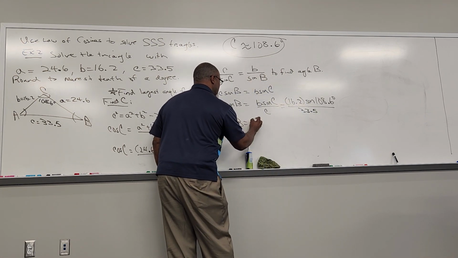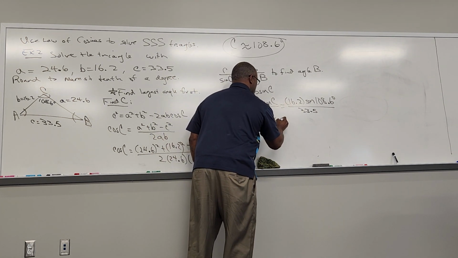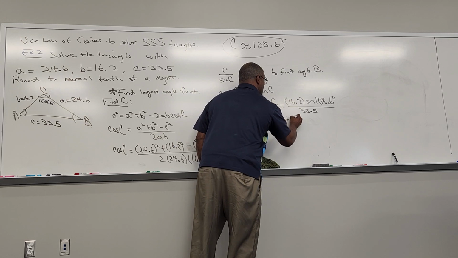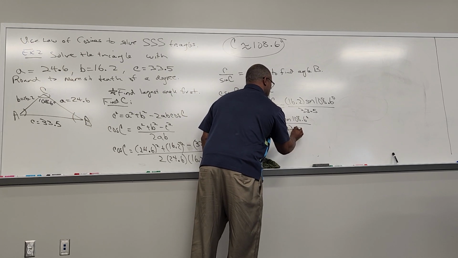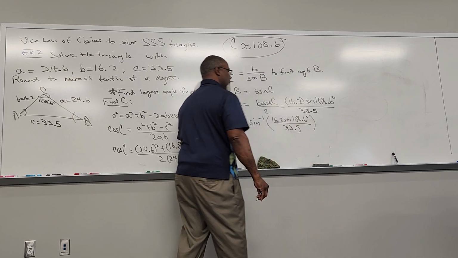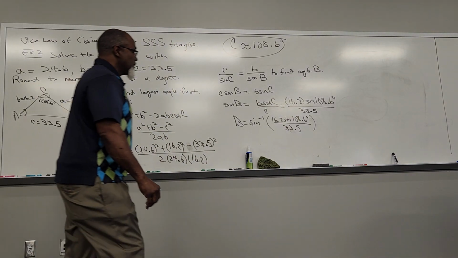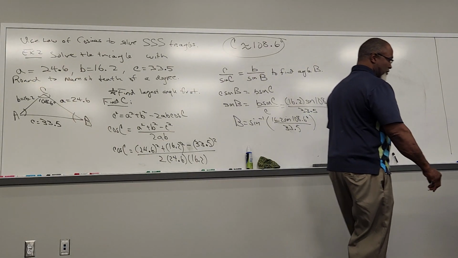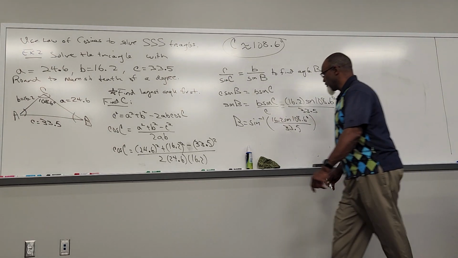So to get B, you have to take the sine inverse of this. The sine inverse of all that will give you B equals approximately 27.3 degrees.